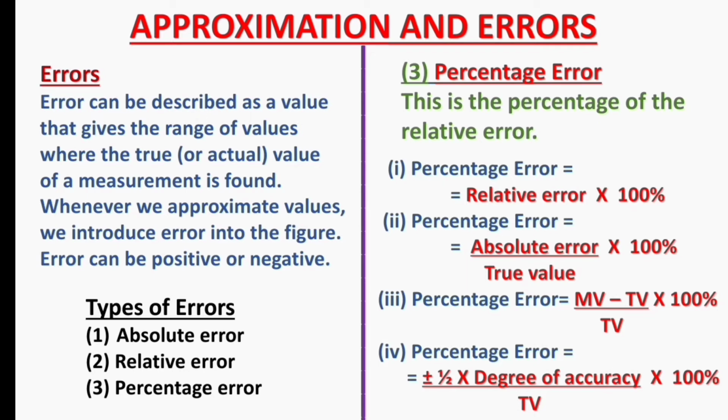Number three, percentage error is equal to measured value minus true value divided by true value times 100%. While number four, percentage error is also equal to plus or minus half times the degree of accuracy divided by true value times 100%. Please take note of these formulas for the different types of errors.